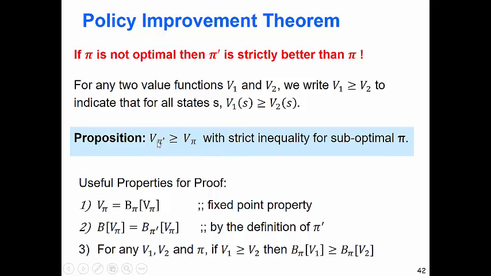In other words, every state is at least as good or better than v pi. So that's what we mean when we put inequality or equality signs in terms of vectors. And so this is saying basically that pi prime is at least as good in all states, and we're further saying that with strict inequality, if pi is suboptimal.